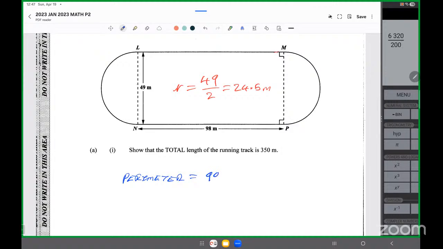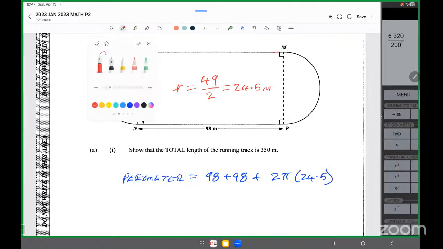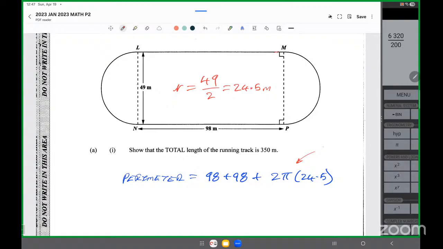It becomes 98 plus 98, that's the 2 long sides, plus 2 pi r, with r being 24.5, so 2 pi times 24.5. Here we're using 2 pi r because we're doing 2 times half of 2 pi r.